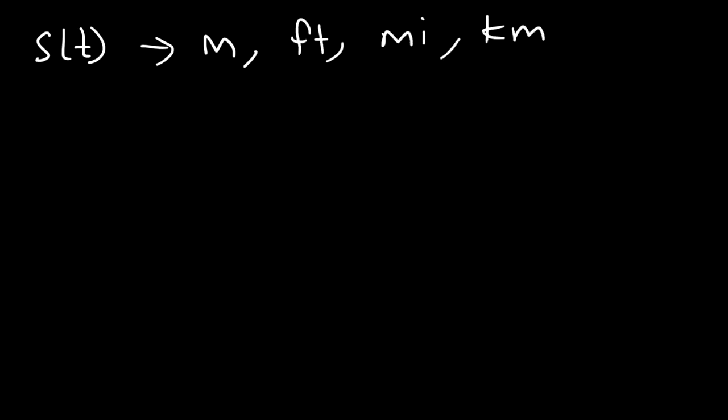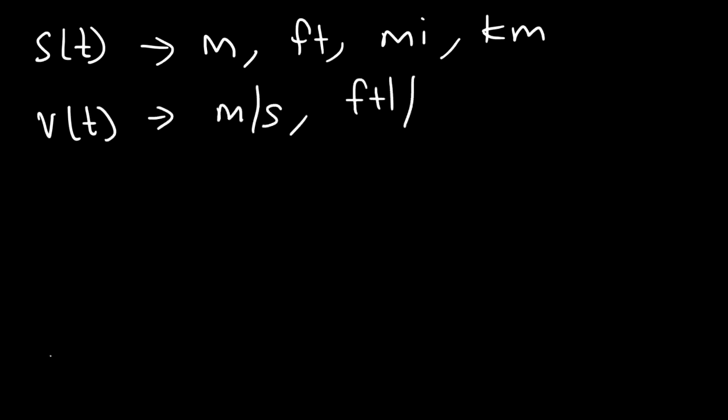Now there's some other things you need to know. Let's talk about units. The units of the position function will be things like meters, feet, miles, kilometers. But the most common unit you'll see is probably meters or feet in calculus. The units for velocity or speed are meters per second, feet per second, miles per hour, or kilometers per hour.